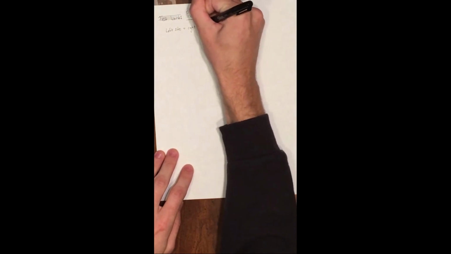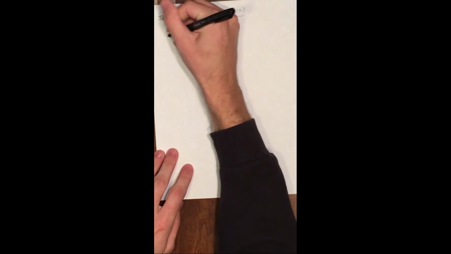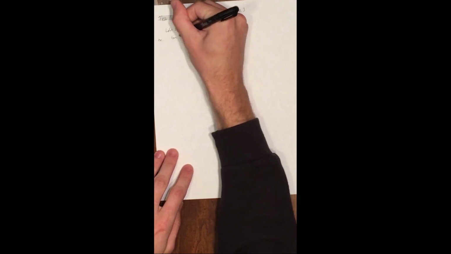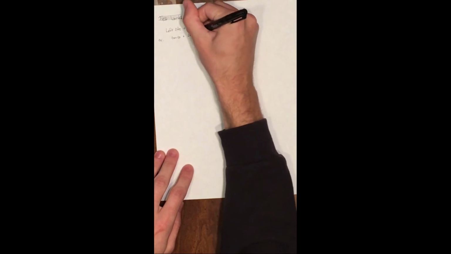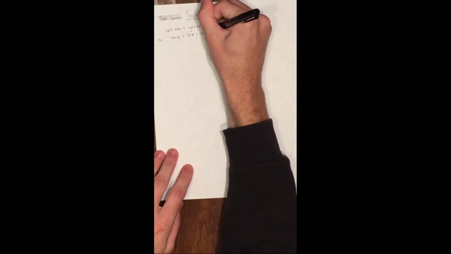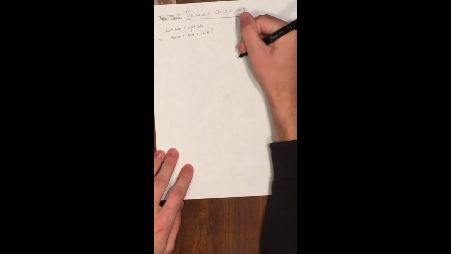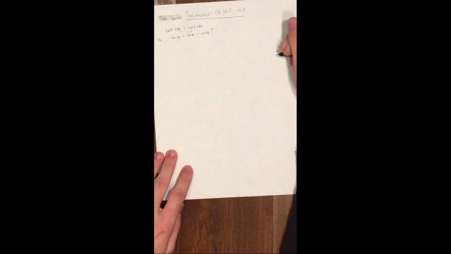Make sure that we have a good process for looking at these problems, and then we'll practice some problems, and we will have a homework that I will ask you to do, where you can practice these problems, as well as some of the stuff from chapter 10.3.